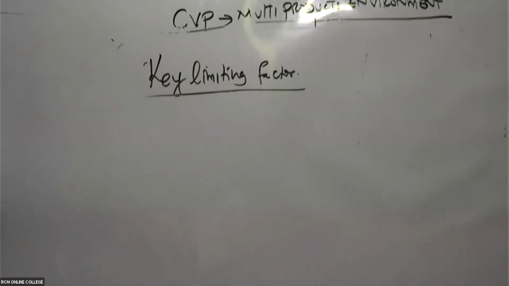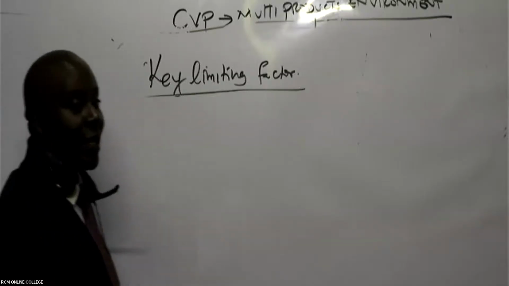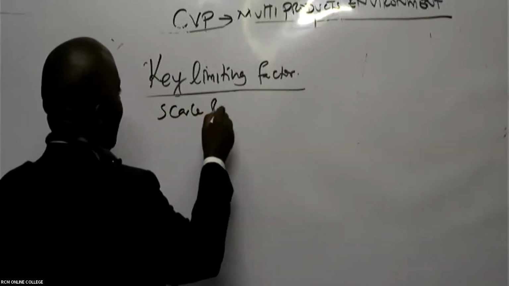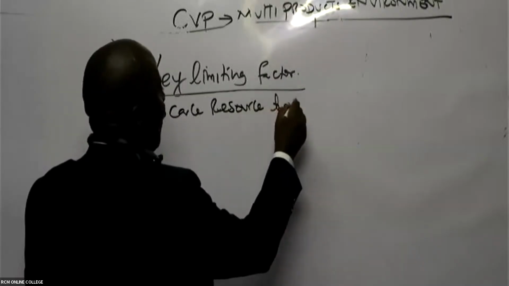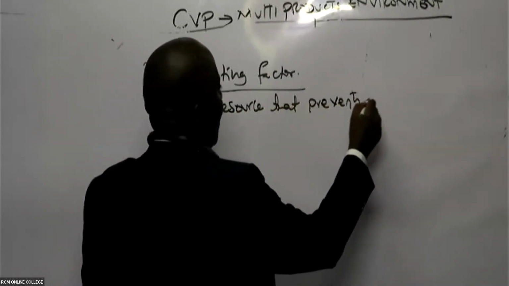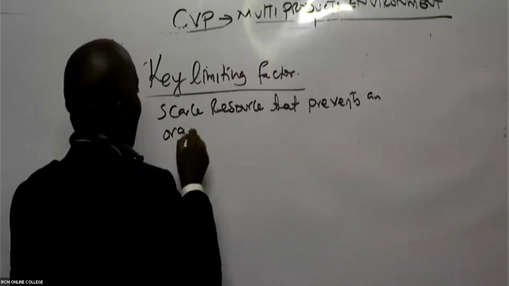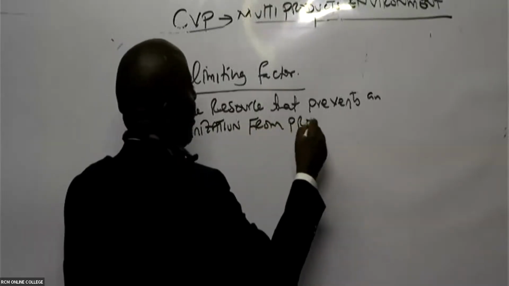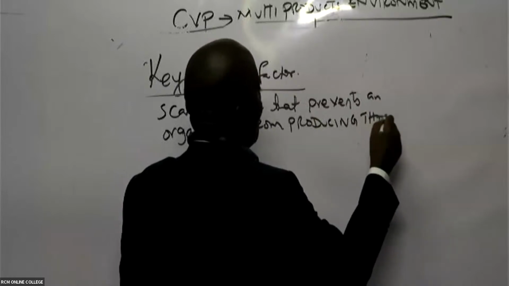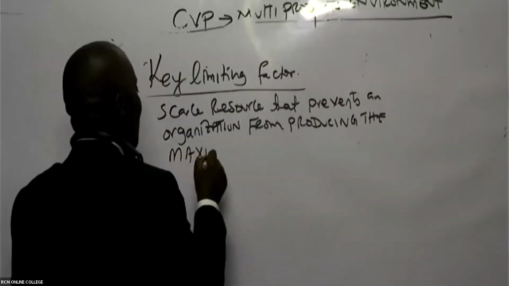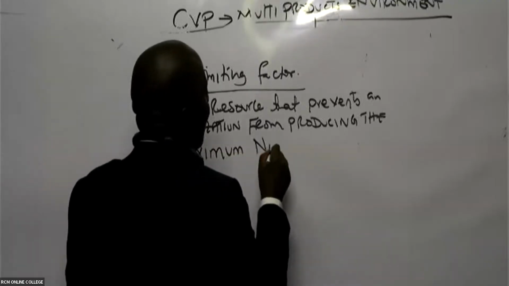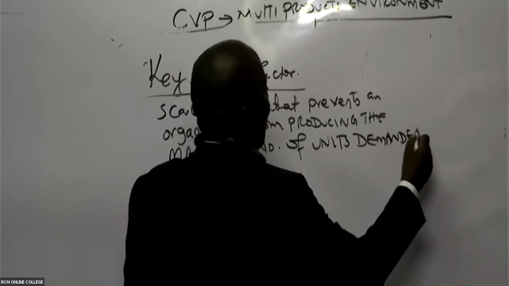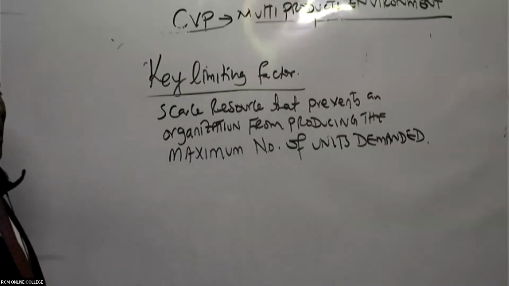So key limiting factor. A key limiting factor is a scarce resource that prevents an organization from producing the maximum number of units demanded.